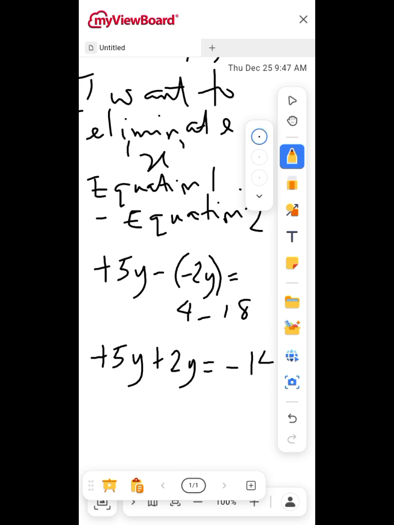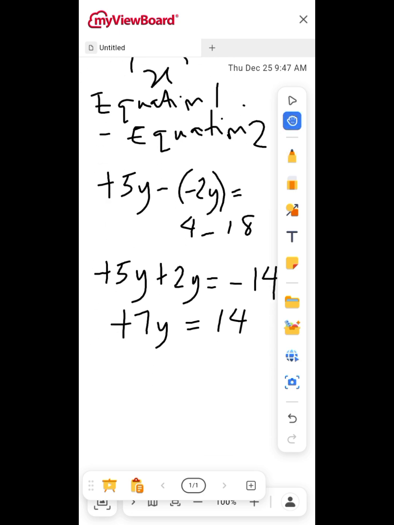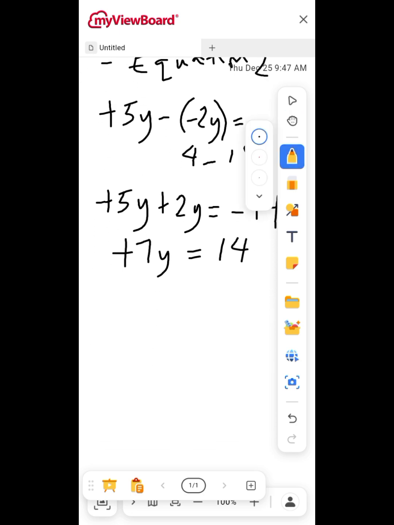That's minus 14. So plus 5y plus 2y, that's plus 7y equals 14. And we are looking for our y. What do we do? We divide both sides by 7 like we normally do in our regular equation. So our y equals 2, or plus 2.